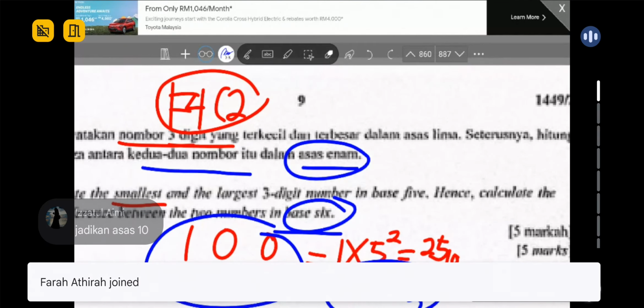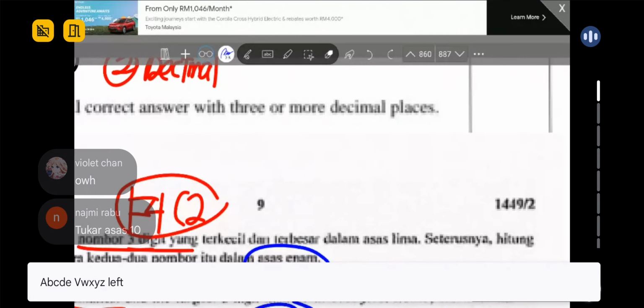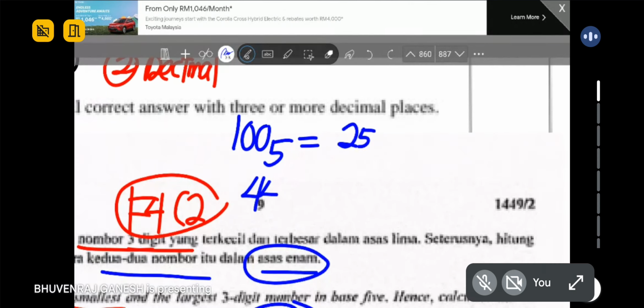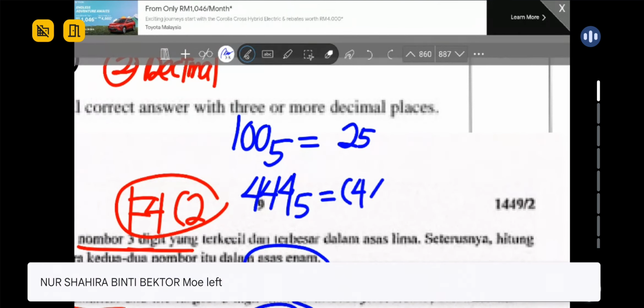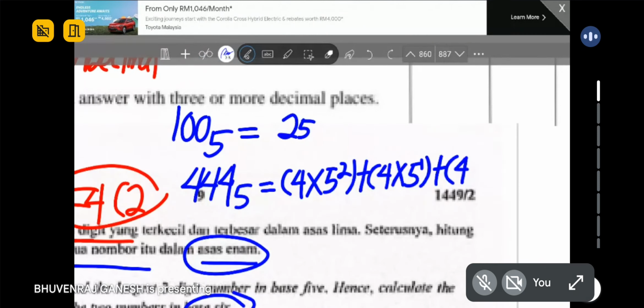Okay, so if you want to convert, you must convert to base 10 first lah. Yeah, so 100 base 5, you convert to base 10, you will get 25. And then 444 base 5, you convert to base 10, so it's 4 times 5 square plus 4 times 5 power 1 plus 4 times 5 power 0.